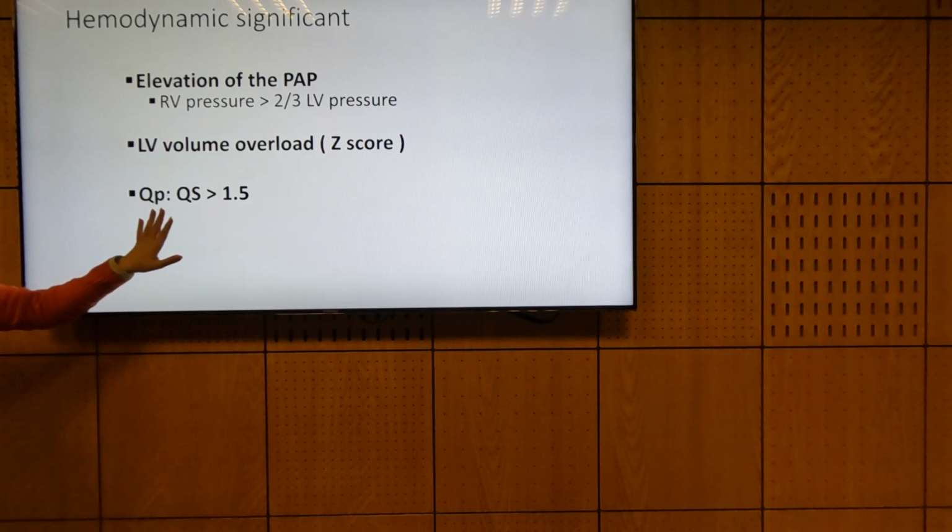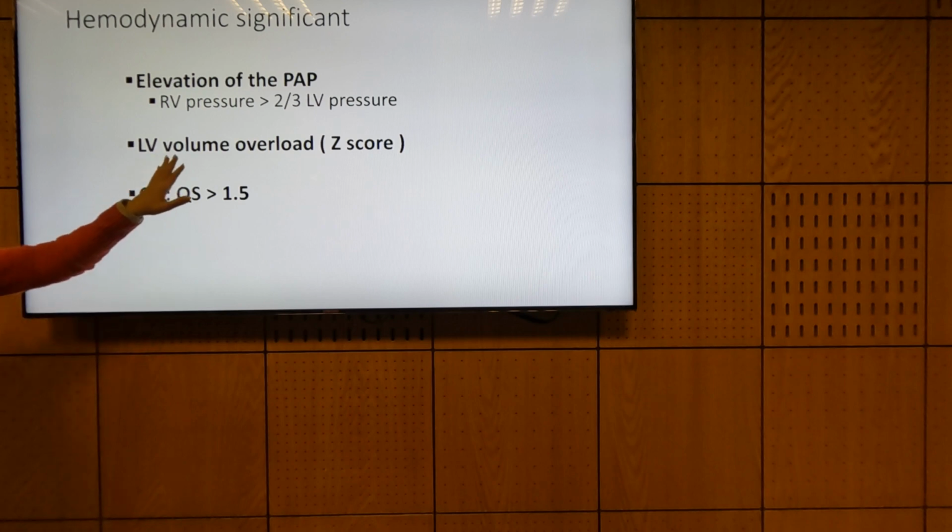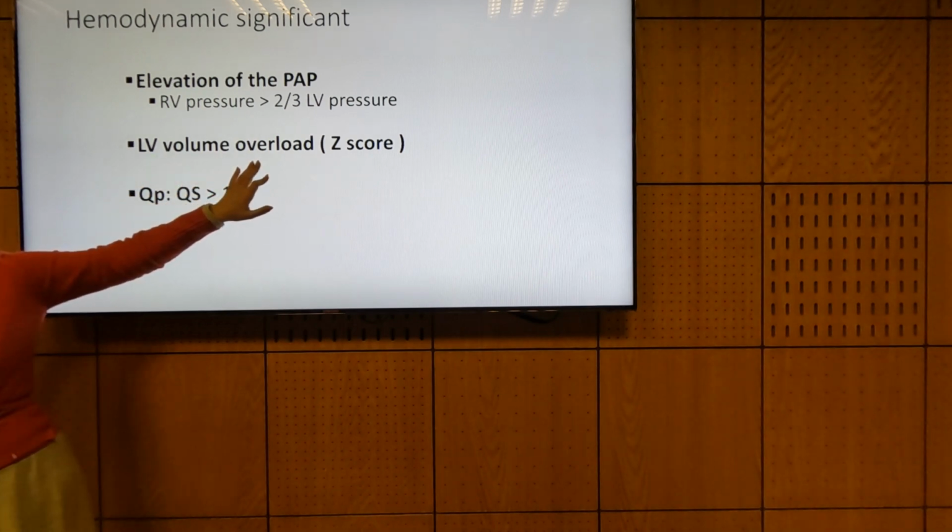So this is a significant shunt, because the pulmonary flow is increased by the magnitude of the shunt more than the aorta. For LV volume, we use the Z score. If it's more than 2 times the mean, we consider that a dilatation of the LV.